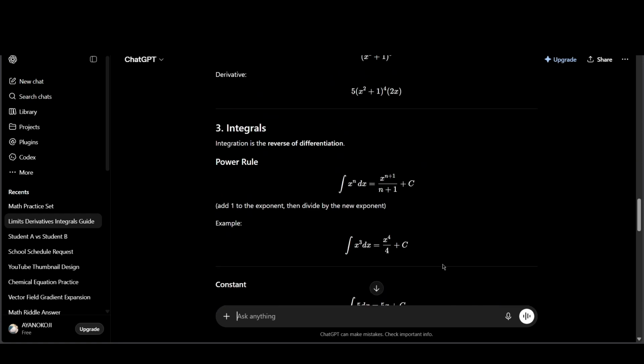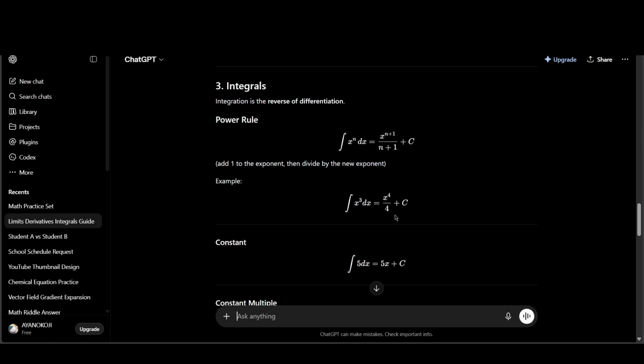Okay, so we have integrals. Integration is the reverse of differentiation. Let's say you have an unknown variable with an exponent.